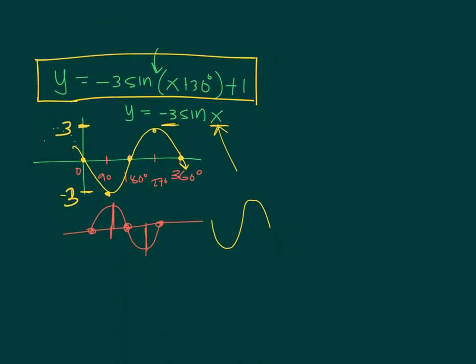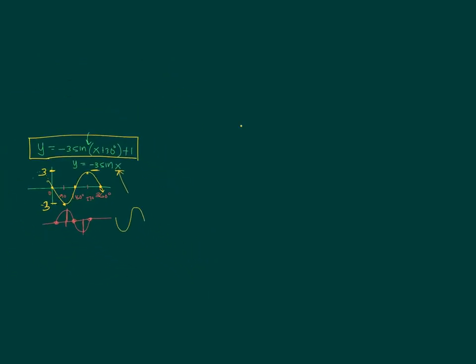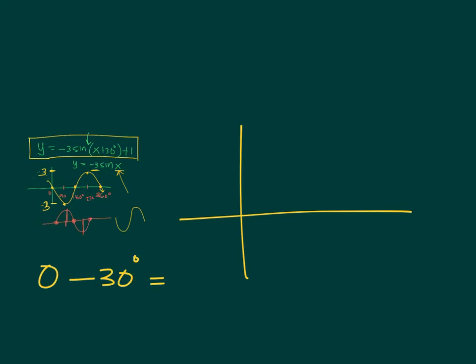So let's graph the function now. Every point will be moved 30 degrees to the left. 0 moving to the left by 30 means negative 30. The second number, 90 moved by 30 to the left is 60.